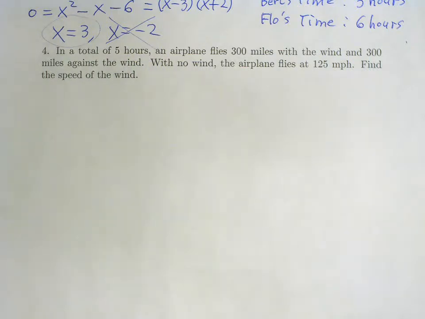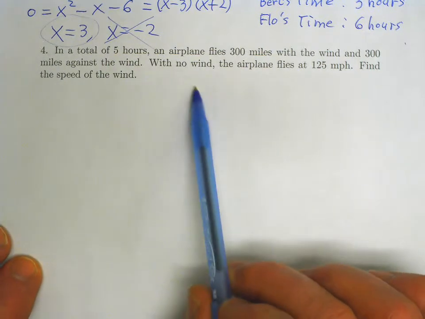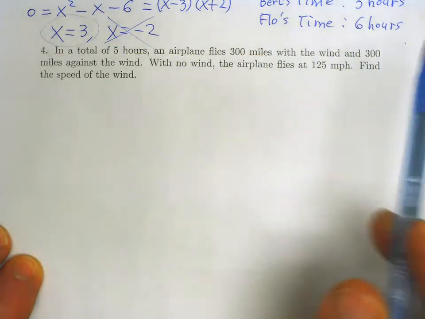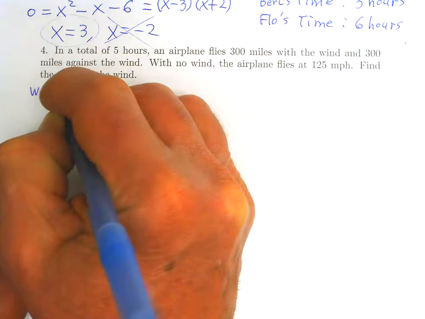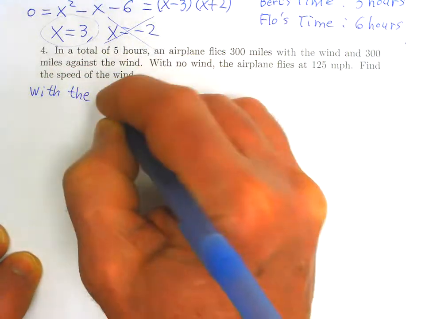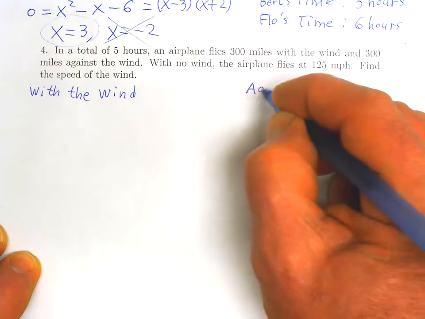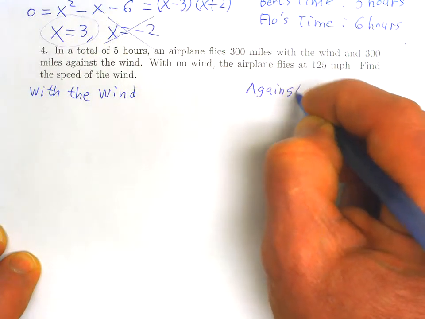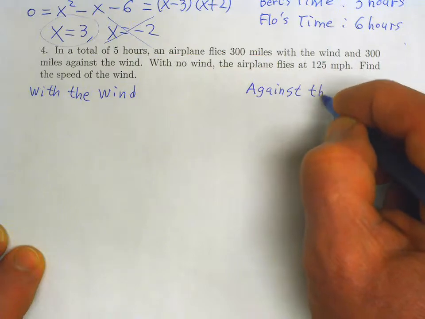So it's pretty clear that rate times time equals distance is involved. There are 2 scenarios described. The airplane flies with the wind in one case, and against the wind in the other. We're supposed to find the speed of the wind.